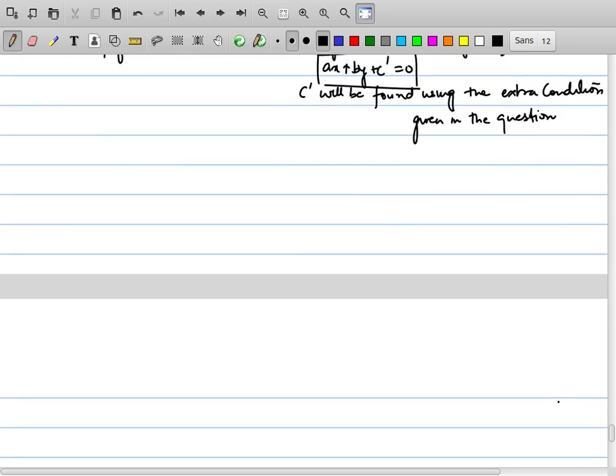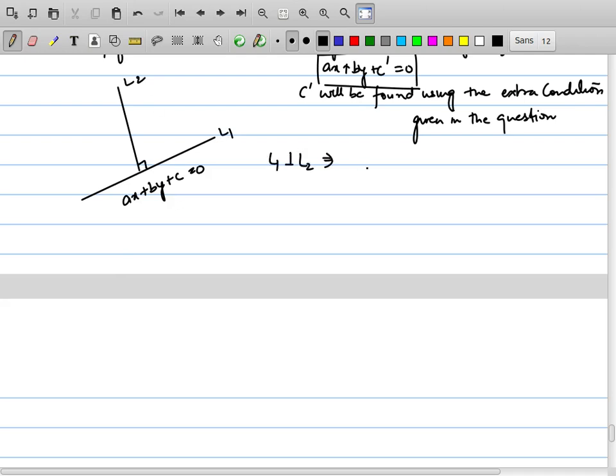Similarly, suppose we have a line whose equation is given to us, ax plus by plus c is 0, and we are interested in finding the equation of a line which is perpendicular to this line. Let's say this is L1 and this is the line we are looking for, L2. Now L1 is perpendicular to L2.